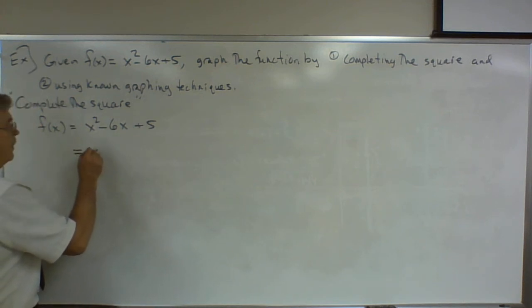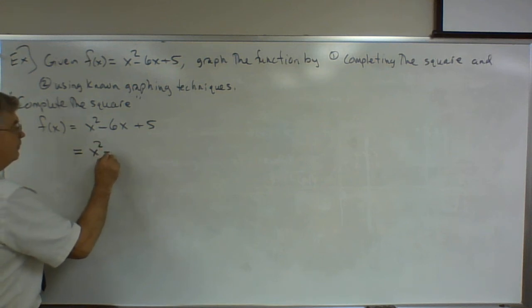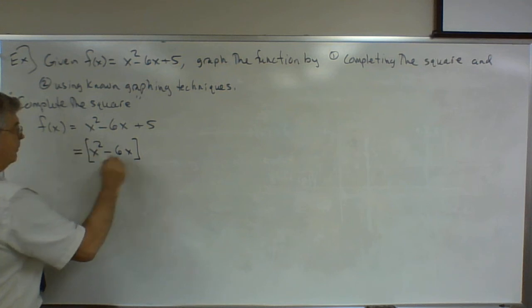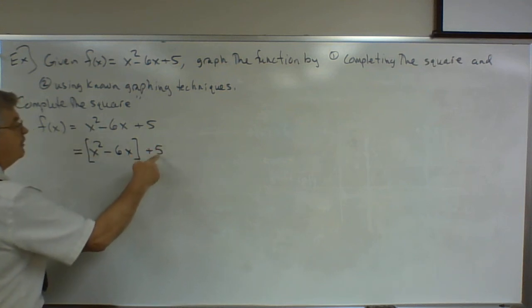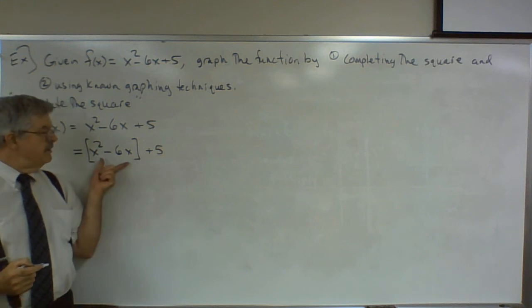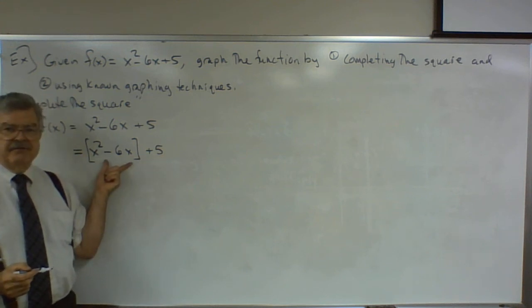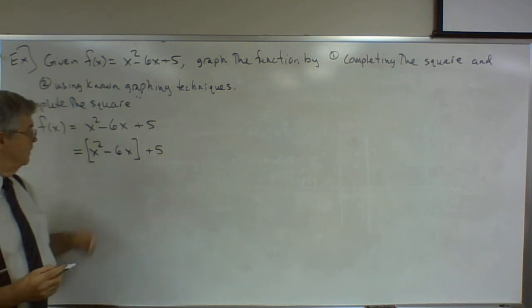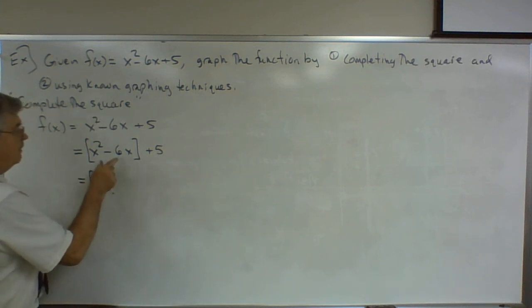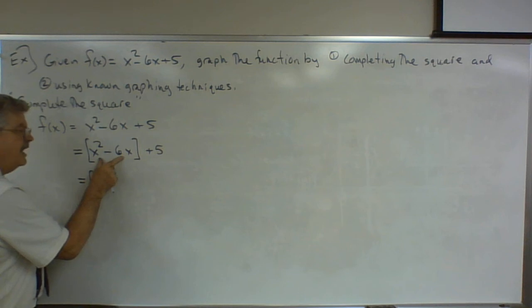And let's see, how will I do this? I'll take the constant term and separate it from the rest of the expression. And I'm going to take the expression inside these braces.